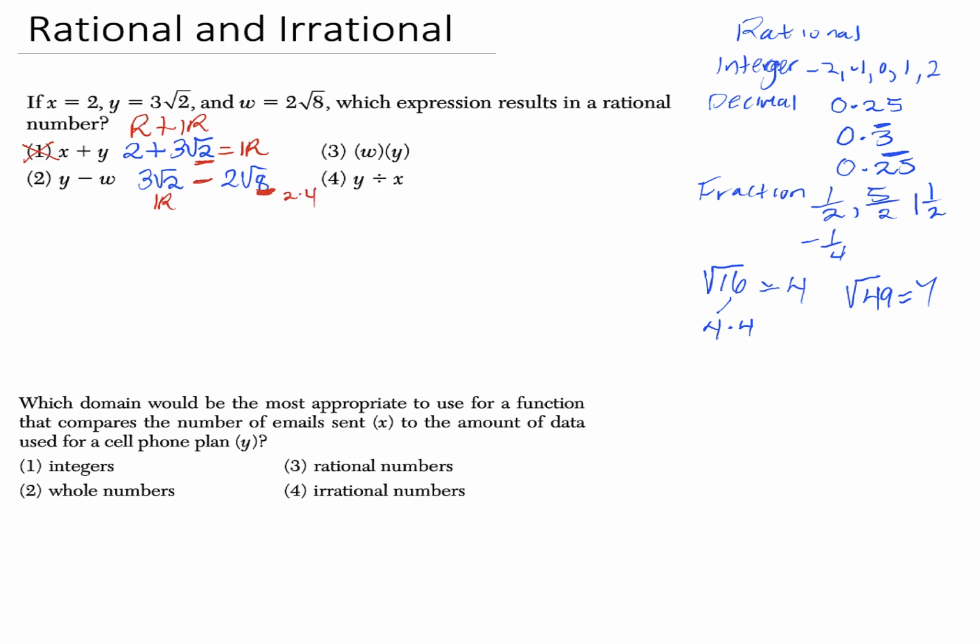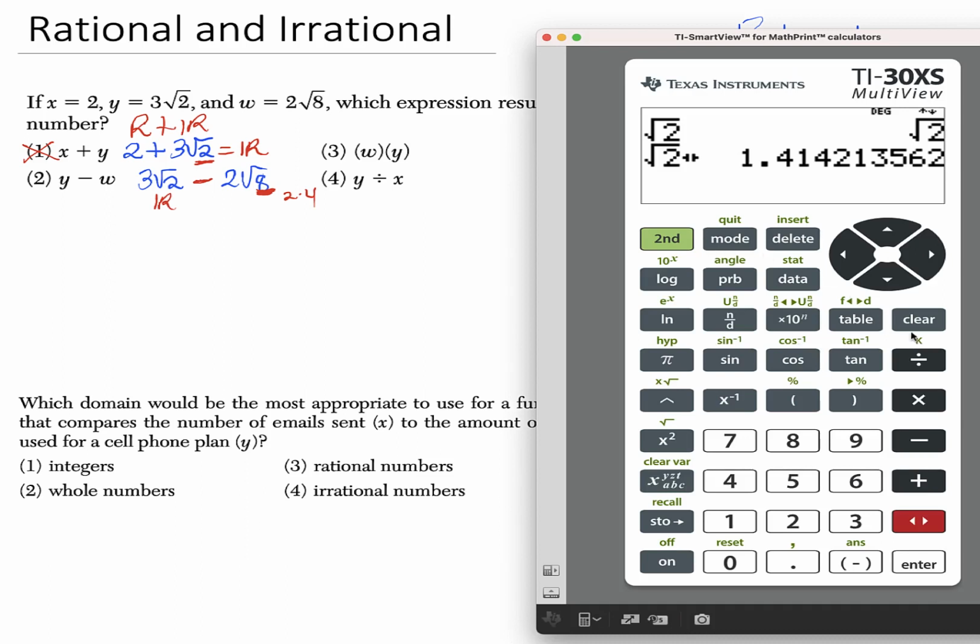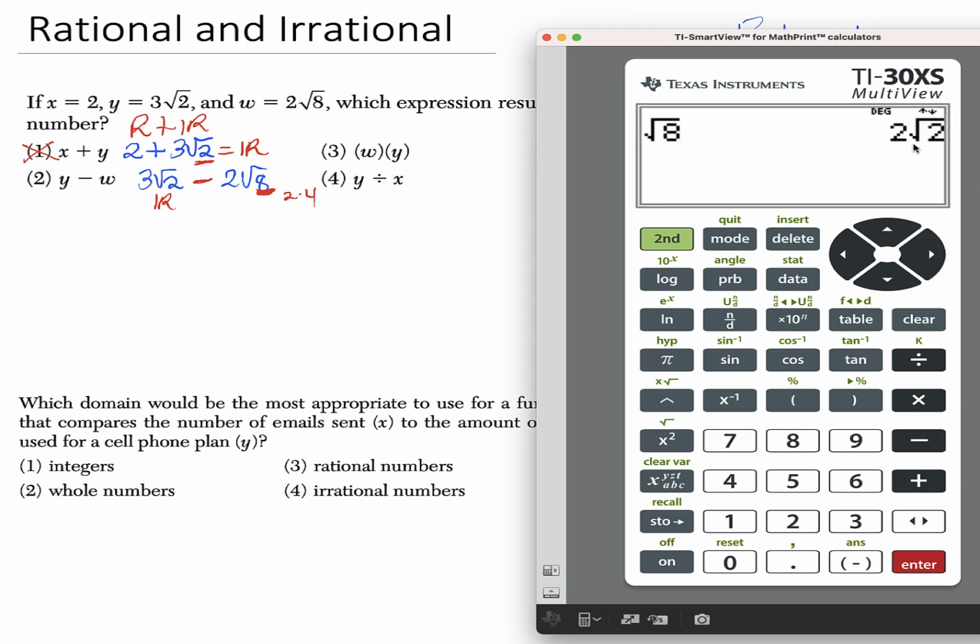If you want to check, get your trusty calculator again. Let's clear this. Second function, x squared, 8. Let's go to the right. You hit enter. Notice it's simplified, but we still have that radical sign. So when I see the radical sign still there, I know that it is irrational.